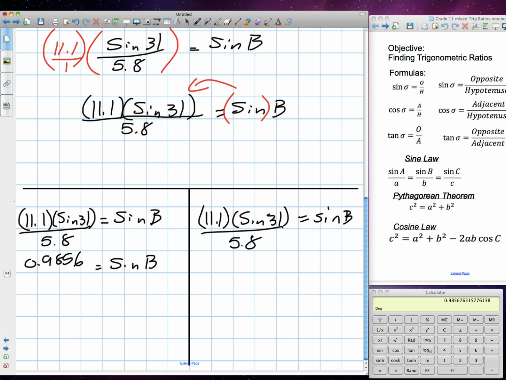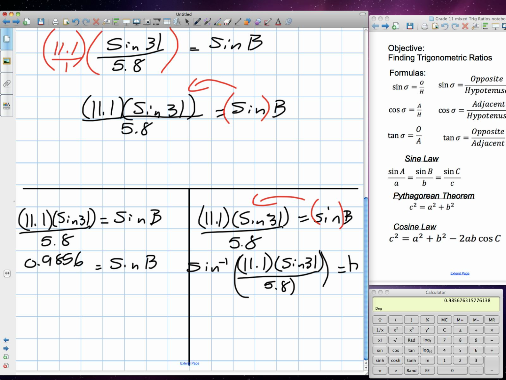On this side, what I'm going to do is I'm actually just going to move sine to the other side of the equation. So we end up with sine inverse, and then we have to solve for what's inside of this. You can write it either way. You'll still get the same answer.